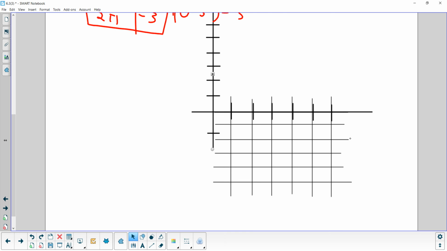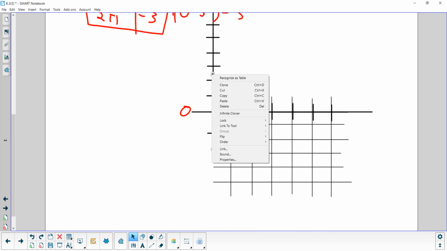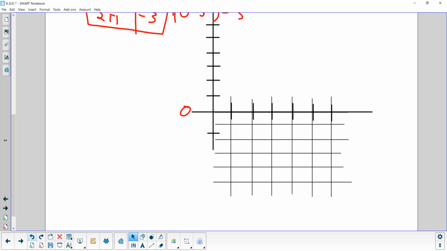So let's call this 0. Okay, so 0, negative 1, 2, 3, 4, 5.